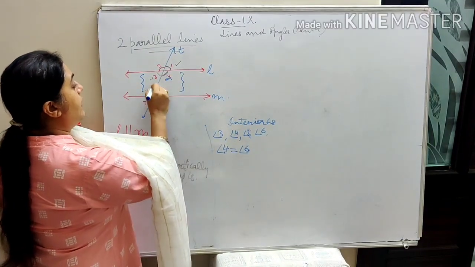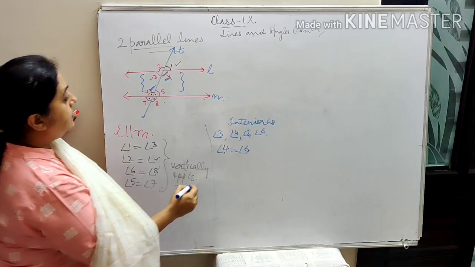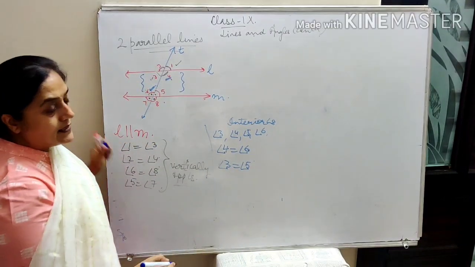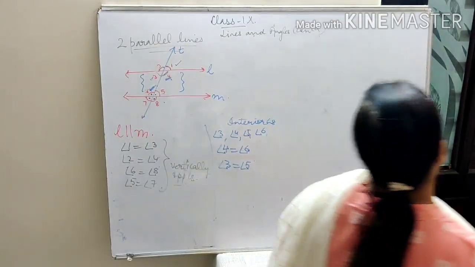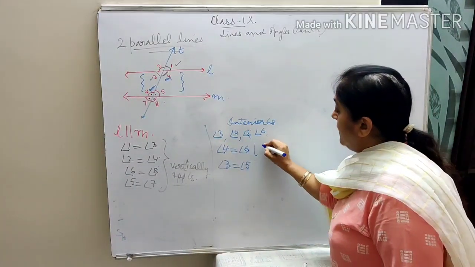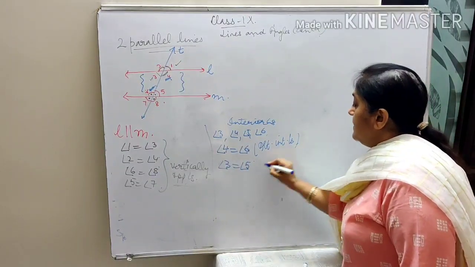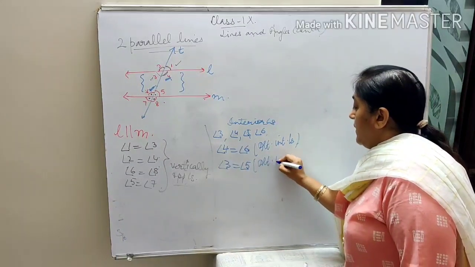This is angle 4 and this is angle 6. Similarly 3 is equal to 5. What is the reason? Alternate interior angles.